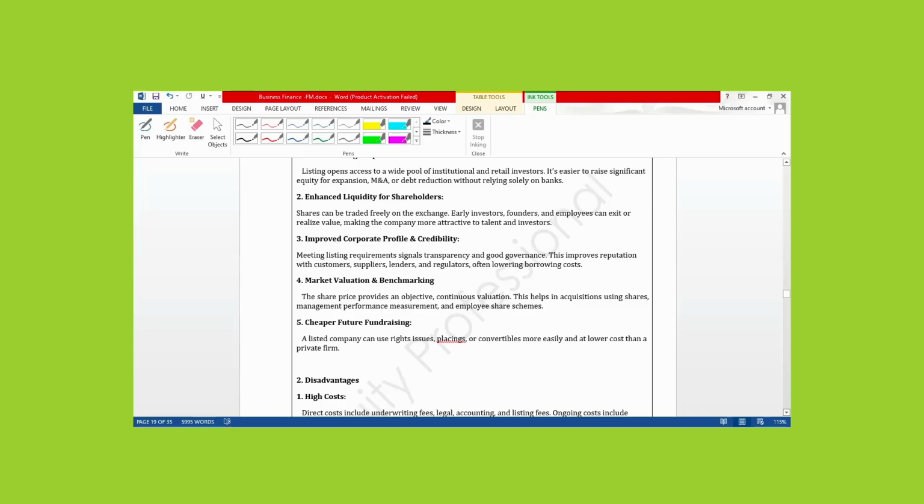If this company is listed, the company can use a rights issue to raise additional funds. The company can do a placing, or can do a convertible, a mixture, at a lower cost than a private company.